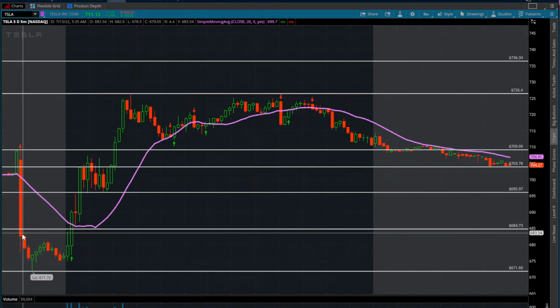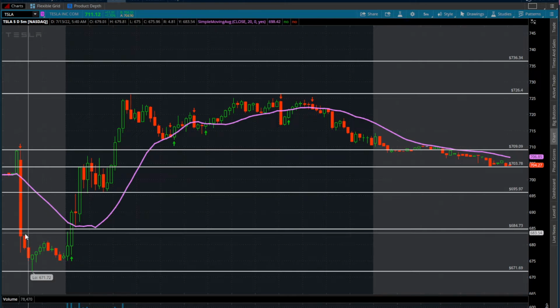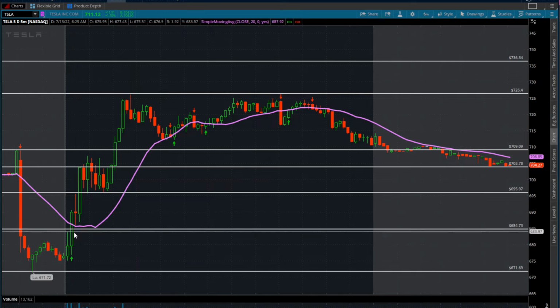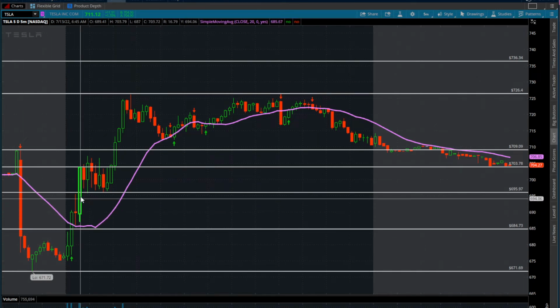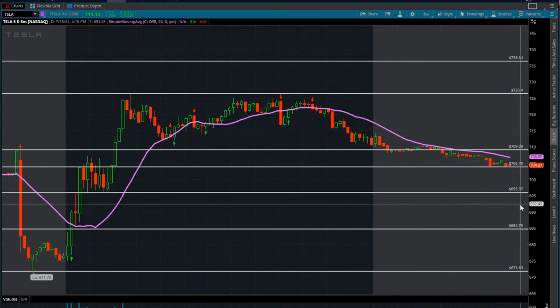You can see here in the pre-market session, as well as when we opened today on the 13th, we had two major areas of rejection. Once these two areas of rejection were broken, we really started to fly. And once we started to fly, you could see we came up to these next areas of supply. So if we do break below 696, we do have potential to get down to 684.